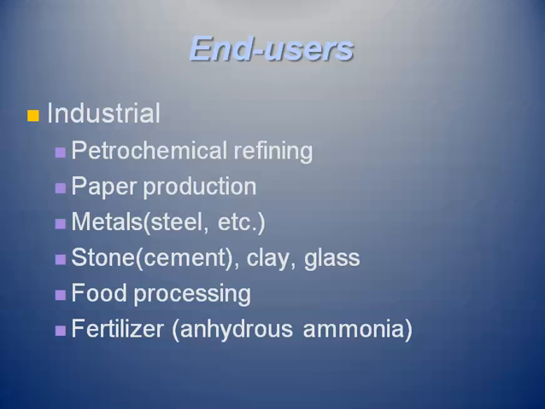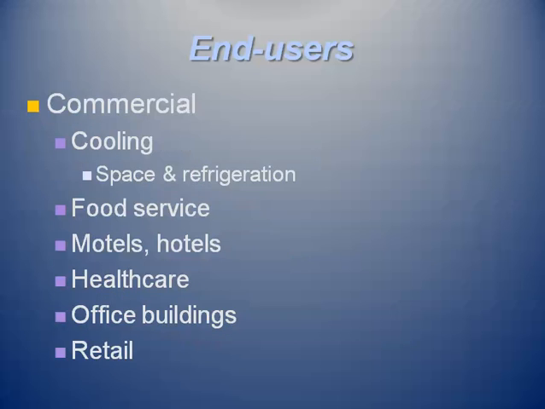They have components like clay and glass and silica and sand, and they actually, in addition to having furnaces, once the cement is created, it's in a wet mixture, and they use natural gas to actually dry it. All types of food processing, I'm sure that everyone can come up with to use that. And then in fertilizer, anhydrous ammonia or fertilizer, 80% of that feedstock happens to be natural gas.